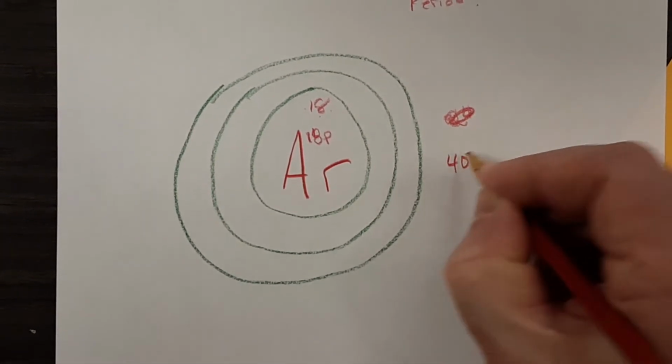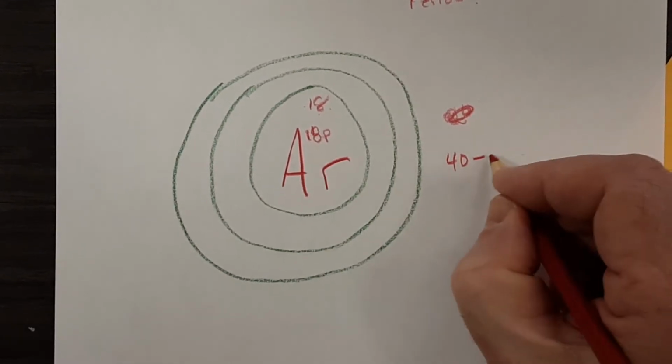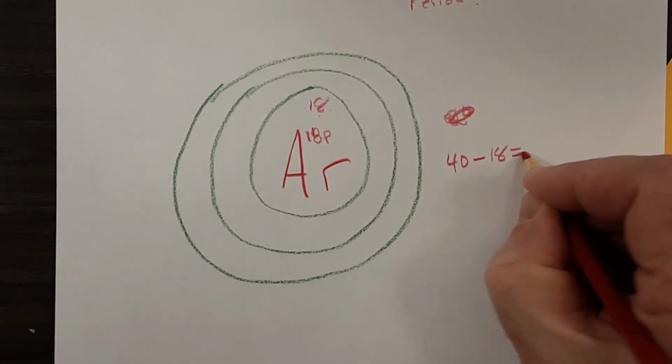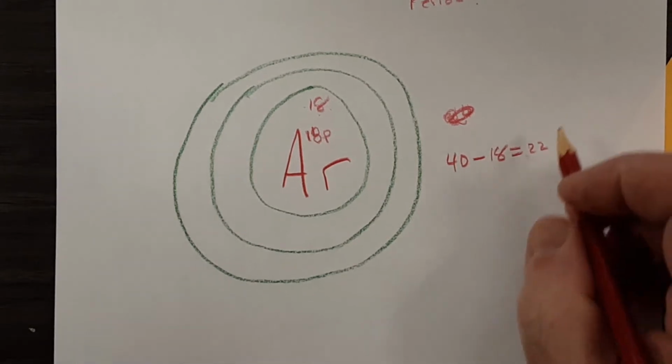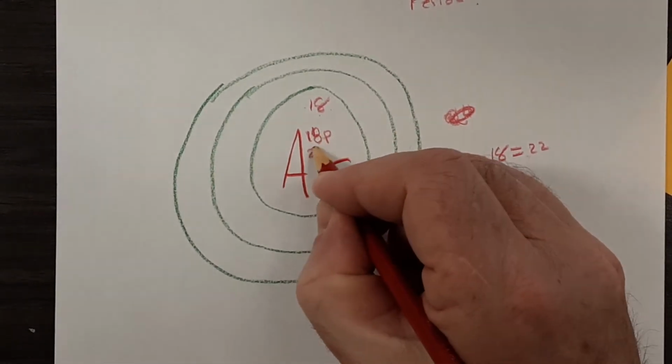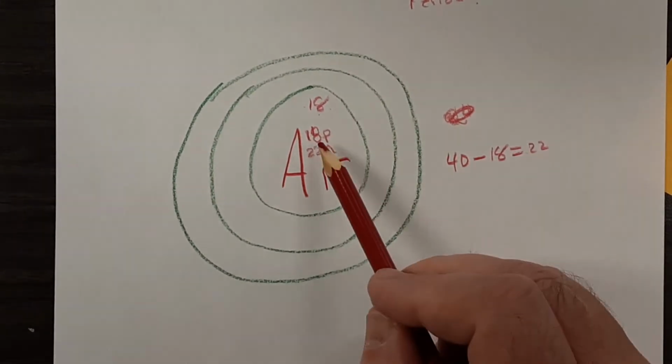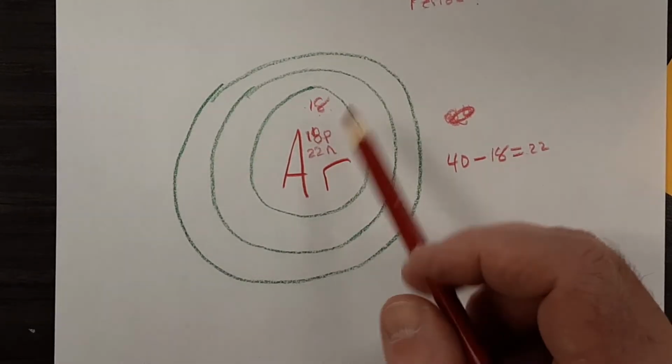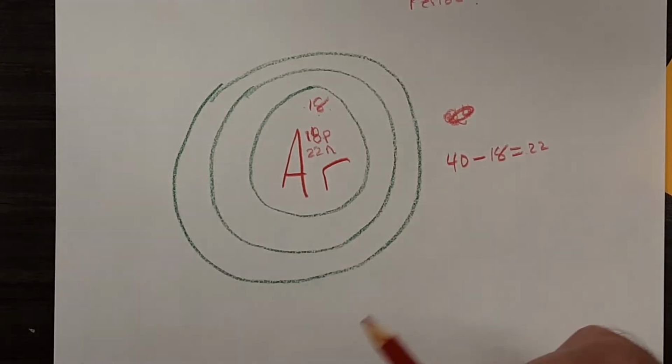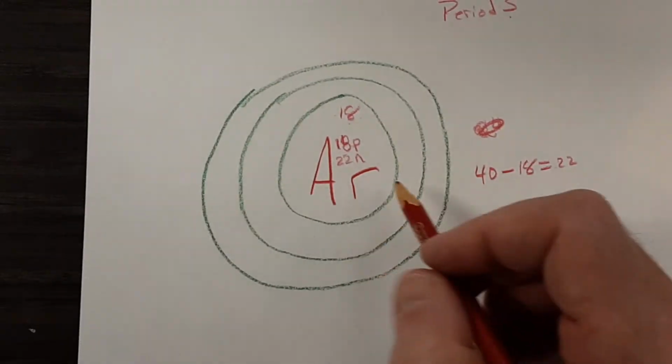Argon's mass is 40 when we round it. 40 minus 18 equals 22. So there's 22 neutrons. So we've got 18 protons, 22 neutrons, and we know that we're going to have 18 electrons to balance out those protons. So let's go ahead and get started.